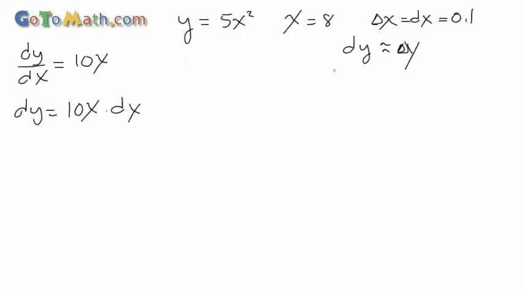Now we want to derive our change in y, and the change in y, remember, came from finding the derivative using the definition: f of x plus delta x minus f of x. So this is what our change in y is actually equal to.